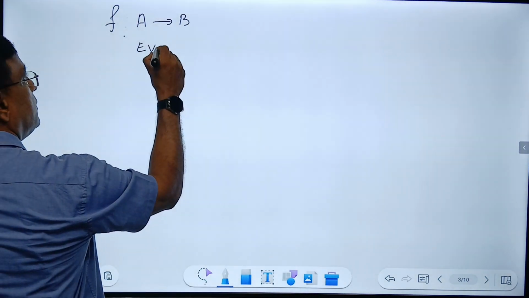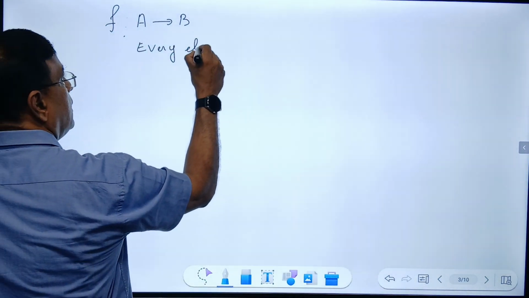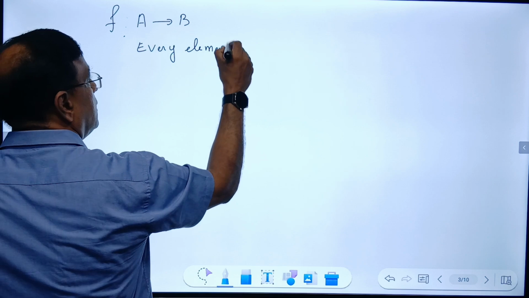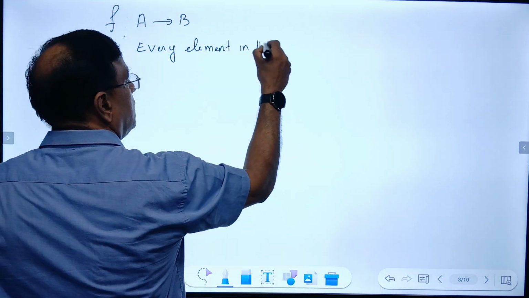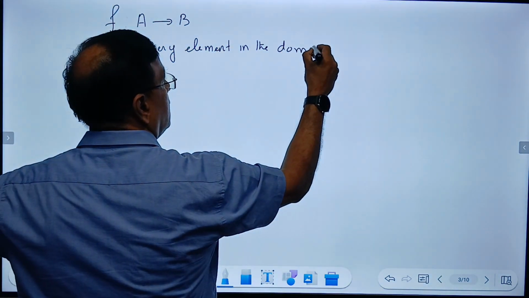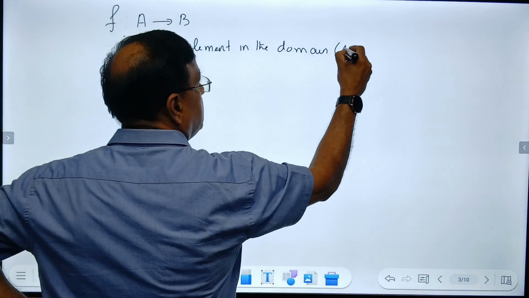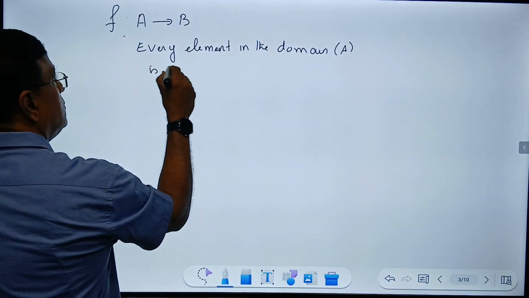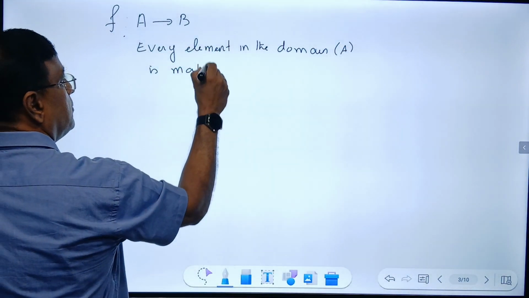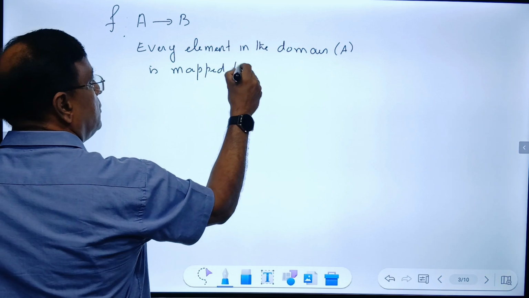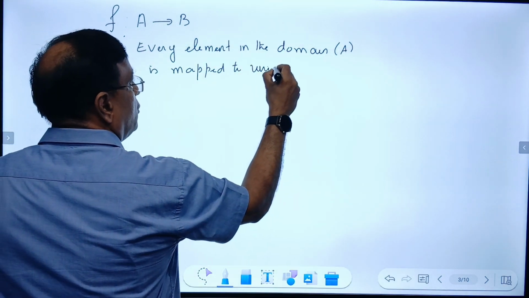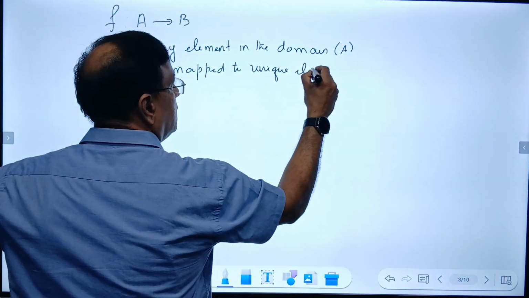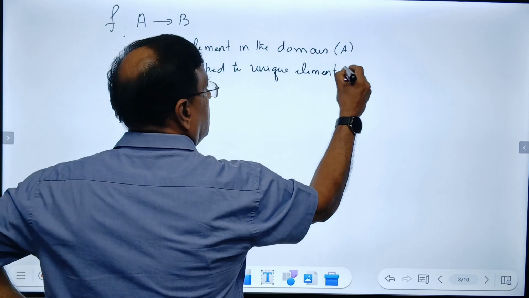So the idea is every element in the domain, here my domain is capital A, is mapped to a unique element in the codomain.